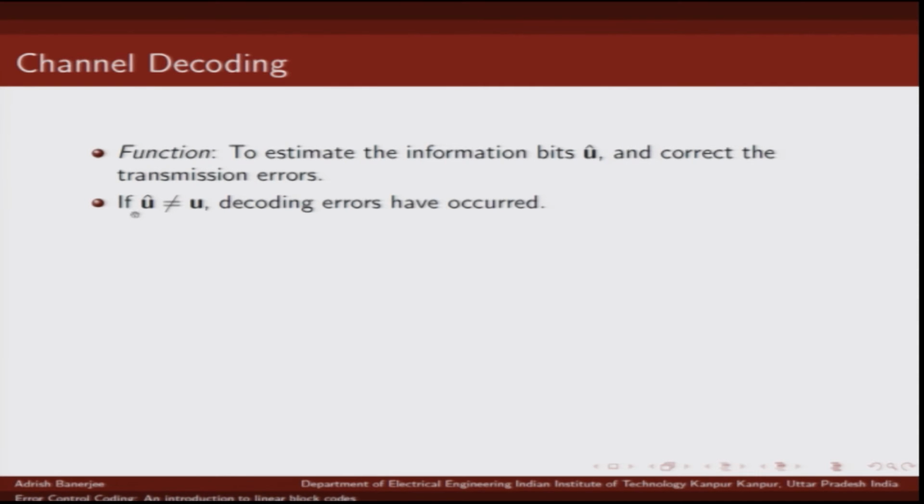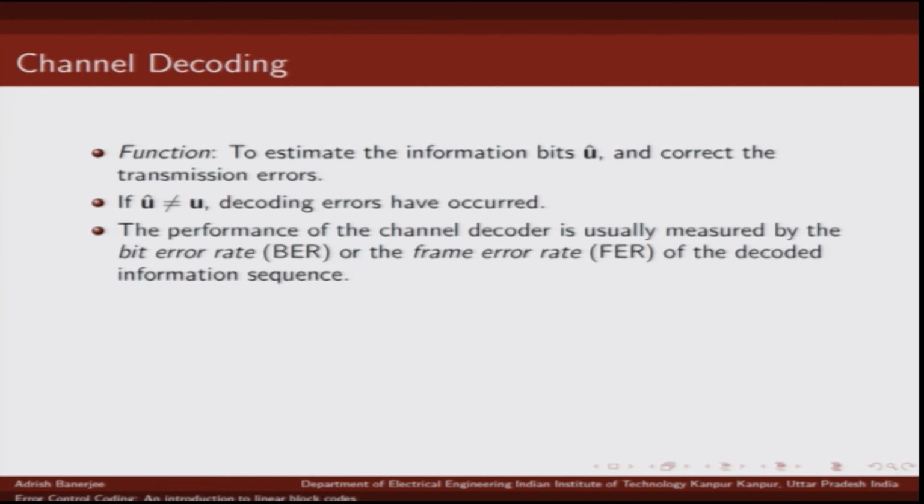If our decoded bit is not the same as the transmitted bit, we say a decoding error has occurred. We quantify these decoding errors using what we call bit error rate or frame error rate. The performance of error correcting codes is typically evaluated using these.